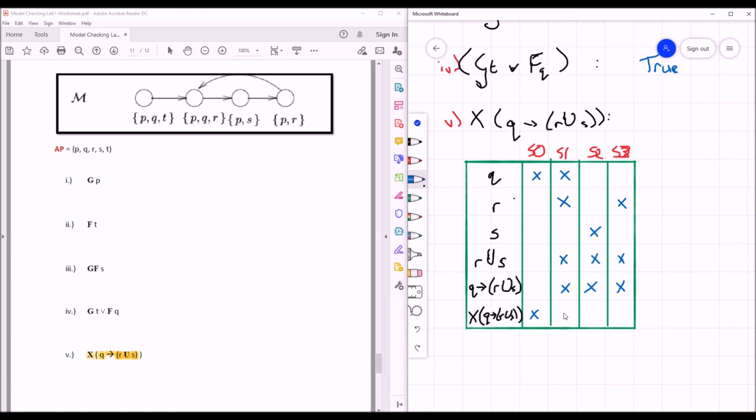In S2, it holds in S3. And in S3, remember we transition back to state 1, so it holds in state 3. So we've determined that this is in fact true. You see, in all the states this holds. In the next state, Q implies "or until S" always holds. So this is true.